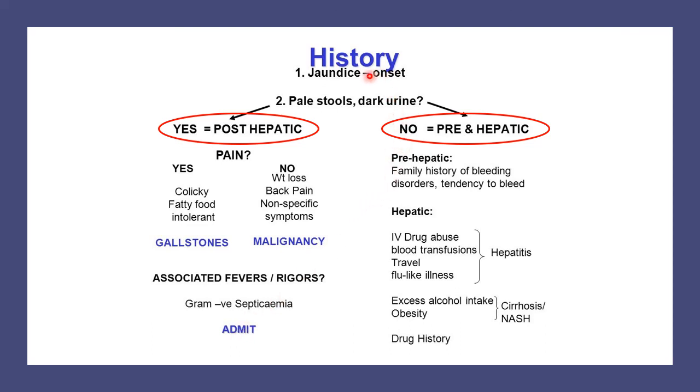On the other hand, if these features of obstructive jaundice are not present, then most of the time the causes are prehepatic, which are mostly medical causes and need to be referred to a physician for further evaluation.